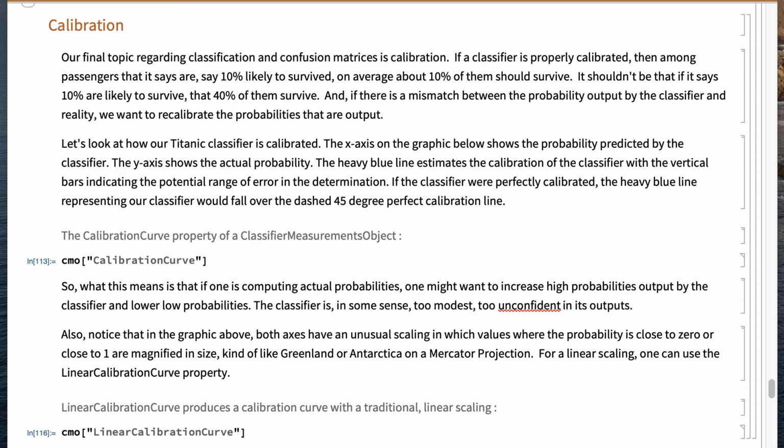It shouldn't be that if it says 10% are likely to survive and we look at that group, 40% of them survive. It might be making the right decision, but the probabilities aren't calibrated correctly. There's a mismatch between the probability output of the classifier and reality. And so we might in that circumstance want to recalibrate the probabilities that have been output.